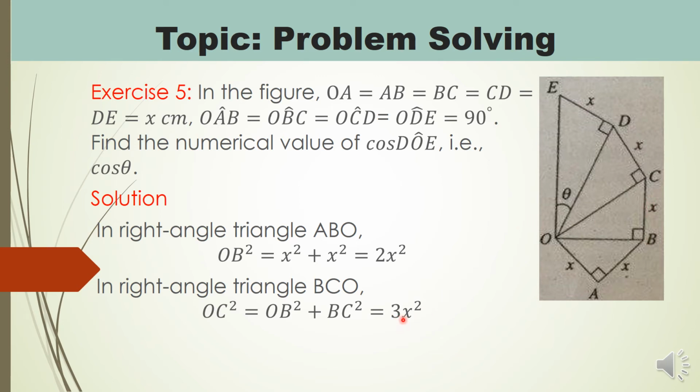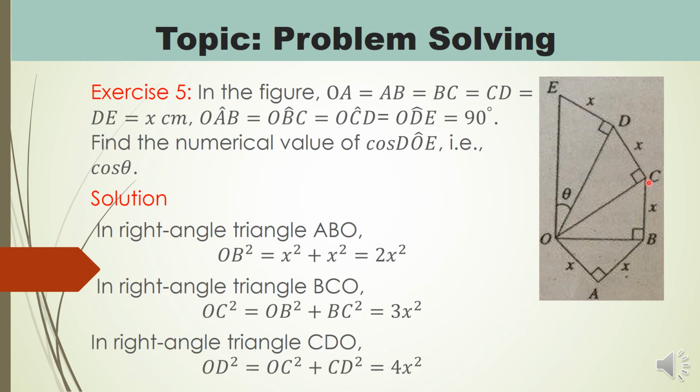Next, look at the right triangle CDO. You obtain OD square equals OC square plus CD square. OC square is 3h square and CD square is h square, so the sum equals 4h square.